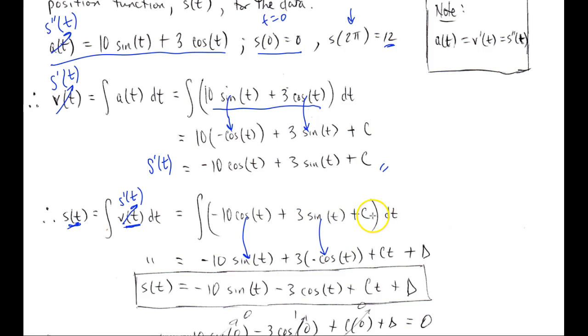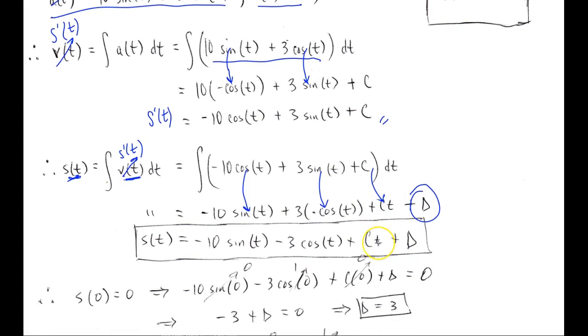And the antiderivative of a constant is just that constant times t. And then, of course, we have to append our constant at the end of that antiderivative. And then we clean everything up, and we see that our position function is just negative 10 sine of t minus 3 cosine t plus ct plus d.